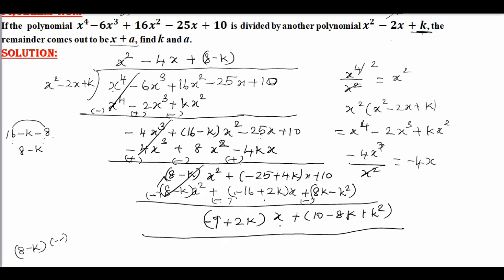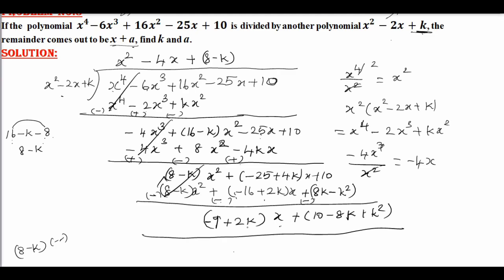Okay, now the degree of the remainder is 1 and the degree of the divisor is 2. We'll stop the division here, and this is my remainder. Now you have already given x plus a as a remainder, isn't it? But we have got this term as a remainder. Now what I am going to do is equate both the remainders, that is the remainder given in the problem and the remainder that I have got.